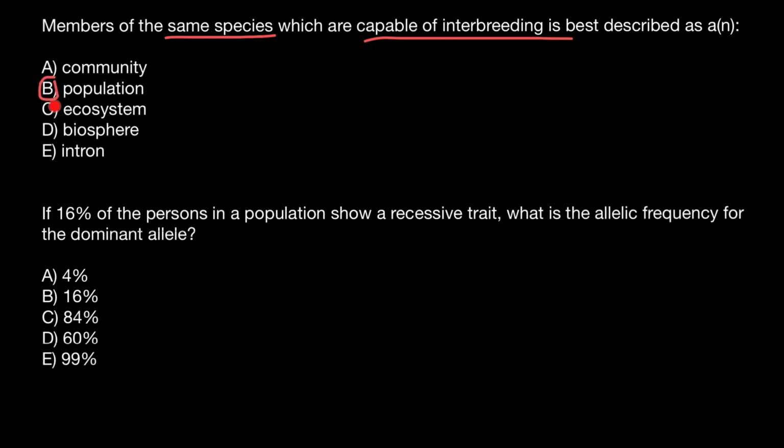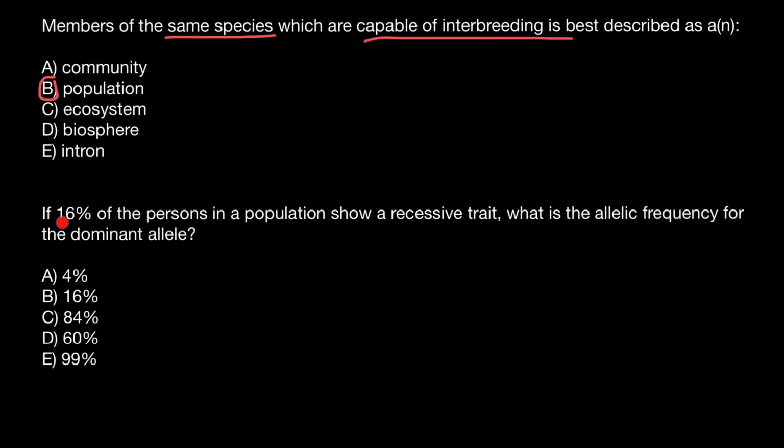And an ecosystem, if we compare it with a community, will also include not just animals and plants, but such physical properties of the area like rain, water, stones, chemicals, sunlight, and so on.